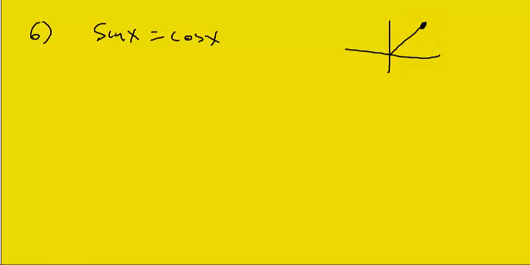It's here, which is x is equal to pi over 4. And it's here when x is equal to 5 pi over 4. Okay?